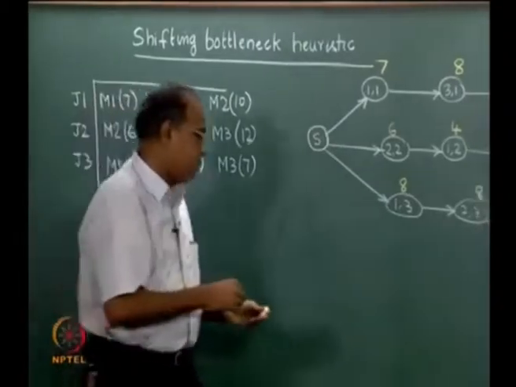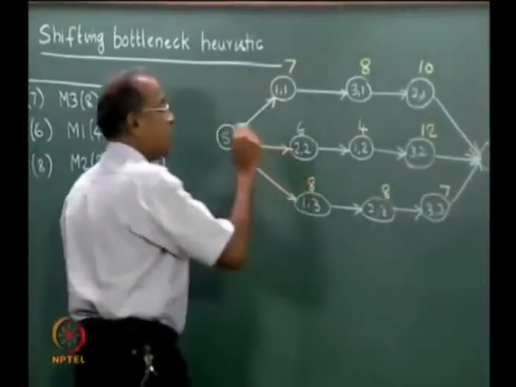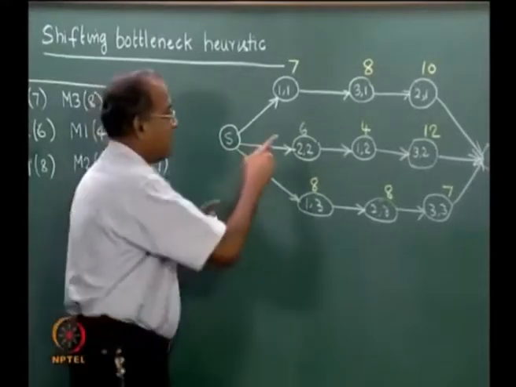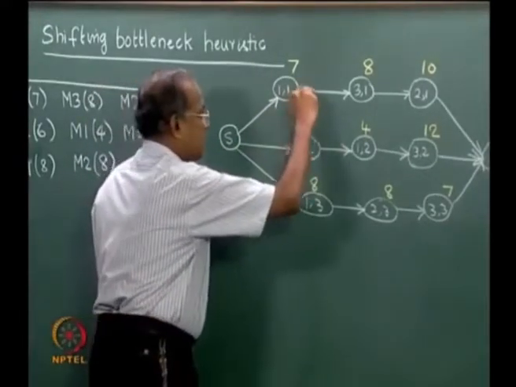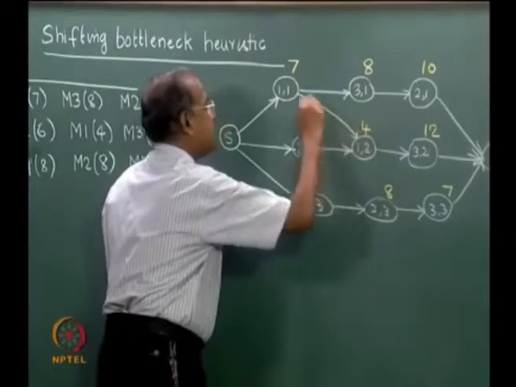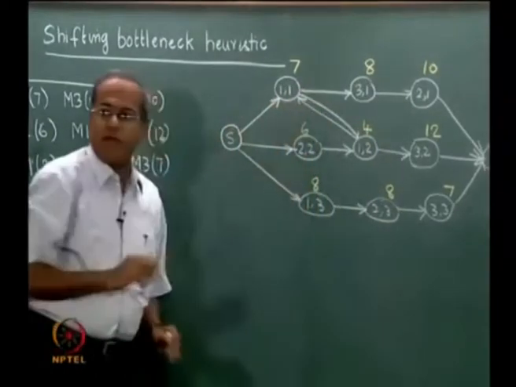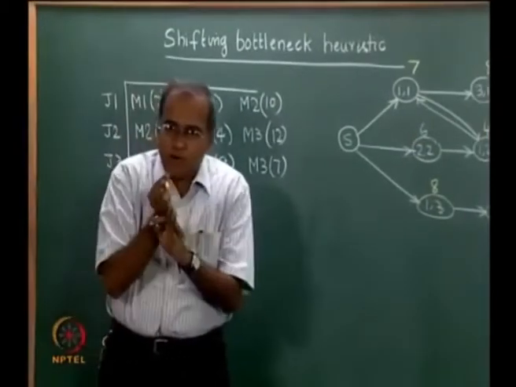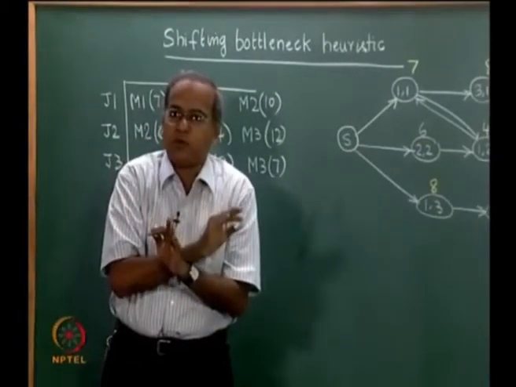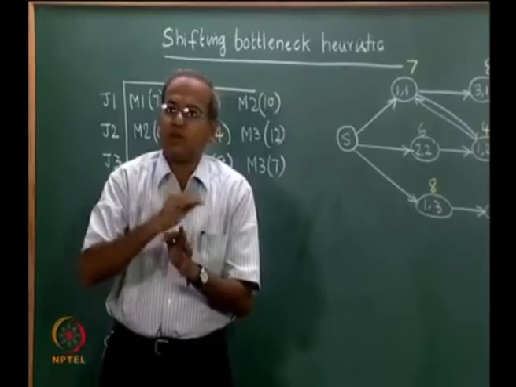So if we take machine 1 and show this, we could have, for example, between jobs 1 and 2 something like this, where at the moment we do not know whether job 1 is going to go first on machine 1 or job 2 is going to go first.